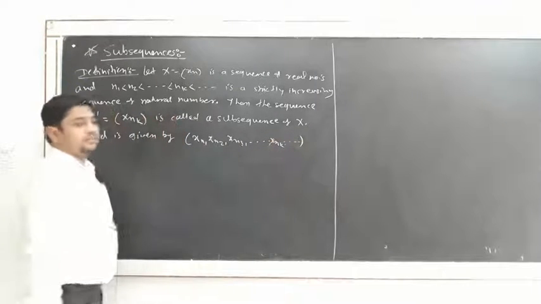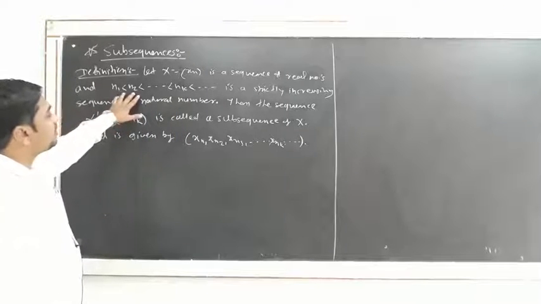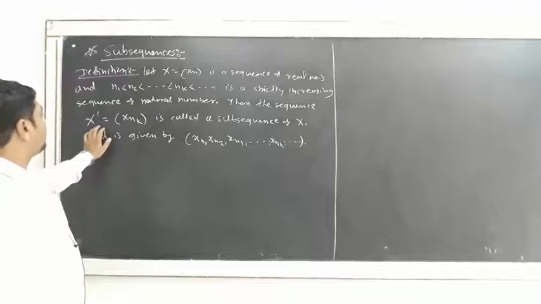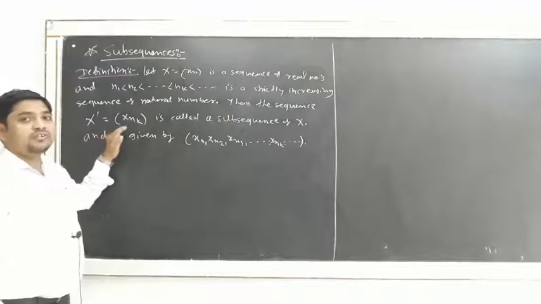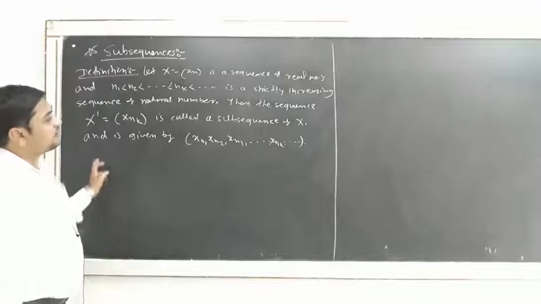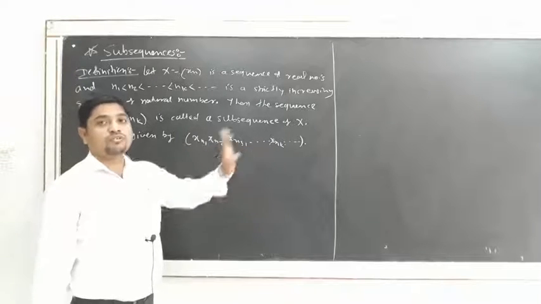We can write like this. That is, if there is a strictly increasing sequence of natural numbers n1 less than n2 less than nk, then there is a sequence X dash equal to (xnk). It is called the subsequence of X and is given by xn1, xn2, xn3 and so on.